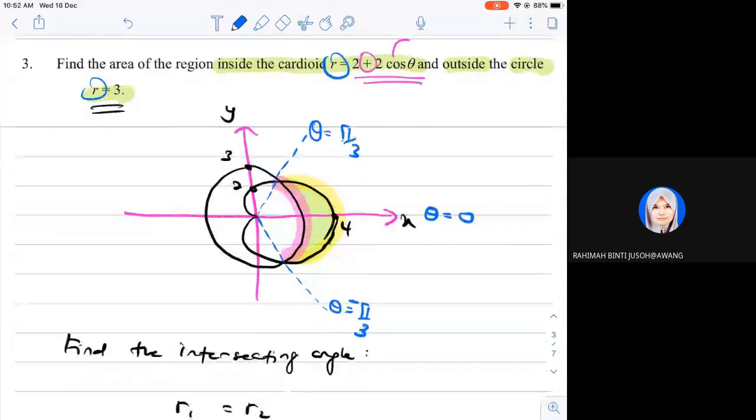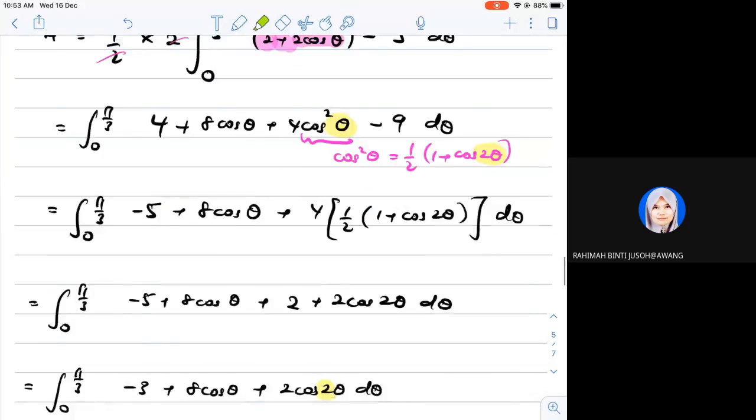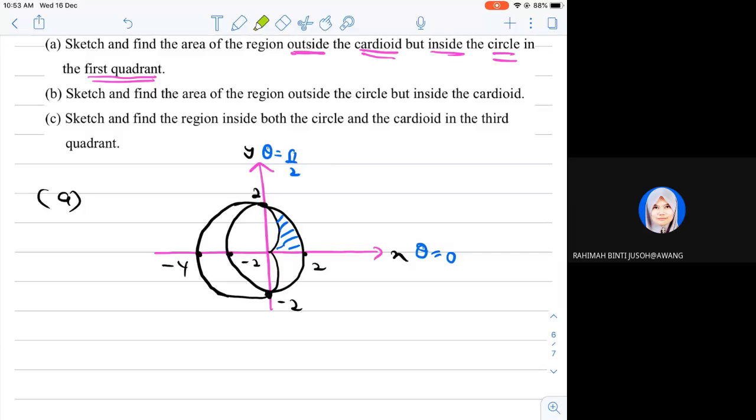We have to calculate the angle, because the angle is not located on the axis. It is floating here. Right here, the intersection. So that's why we have to calculate that angle. In question number 5, there is no need to calculate because the intersection point is exactly on the axis. So no need for us to calculate the angle. We can take the angle directly from the graph. Understand, guys?